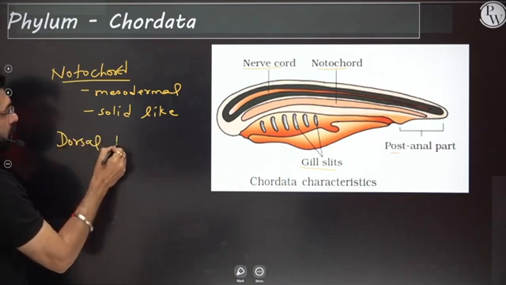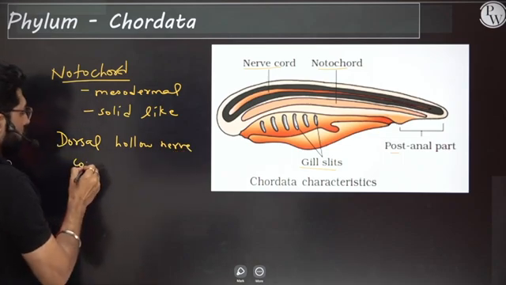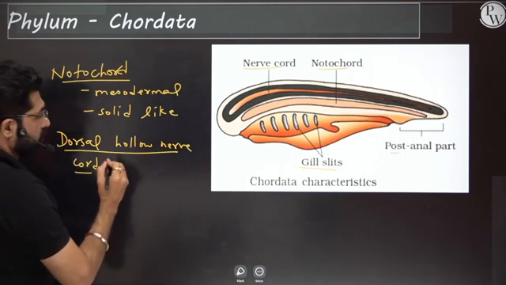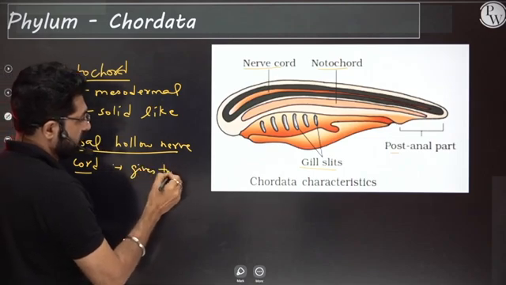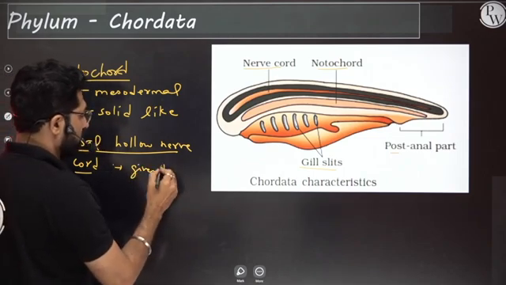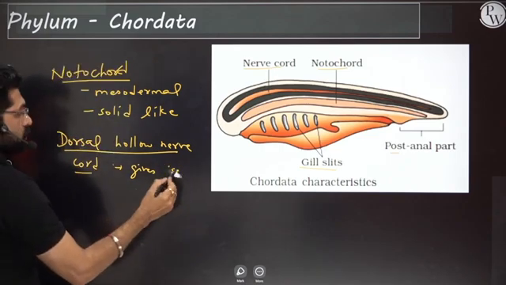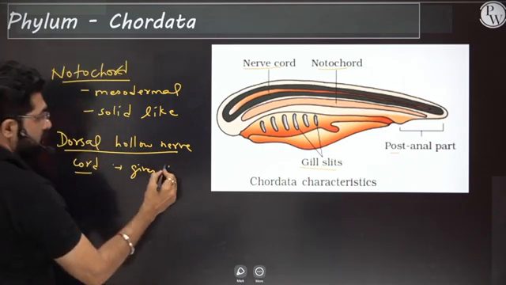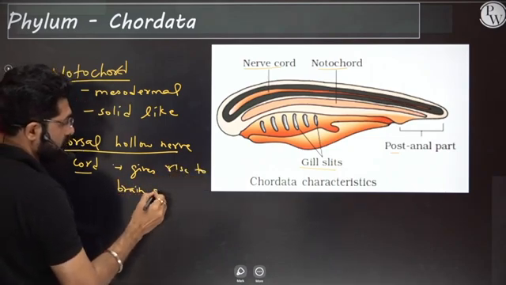In future the dorsal hollow nerve cord gives rise to brain and spinal cord. Please write down brain and spinal cord.